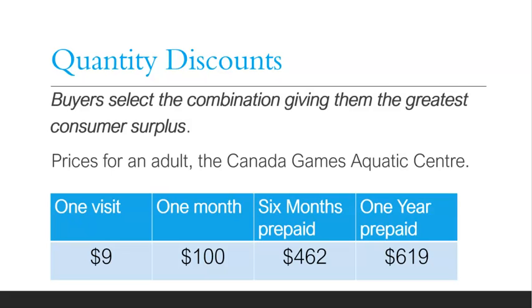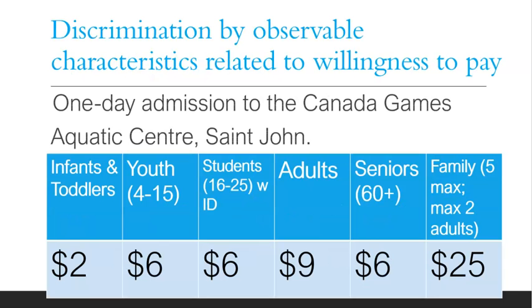Now, the other kind of price discrimination that I mentioned earlier is discrimination by observable characteristics. So in this case, let's look at the prices at the Aquatic Centre. Observable characteristics, obviously, are the age of individuals, and in the case of students with some identification, you can get some sense of whether they're working or not, and therefore what their ability and willingness to pay might be.